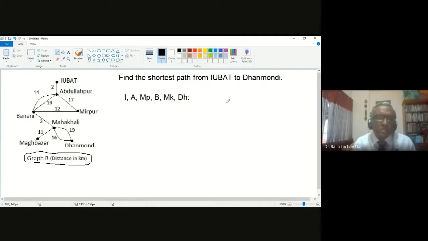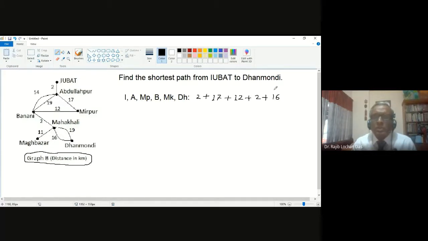If I take this, then what will happen? It will be 2 plus, Abdullahpur to Mirpur, it is 17, and then Mirpur to Bonani, it is 12, and then Bonani to Mohakhali 2, and then Mohakhali to Dhanmondi. There are two options. One is 16, one is 19.